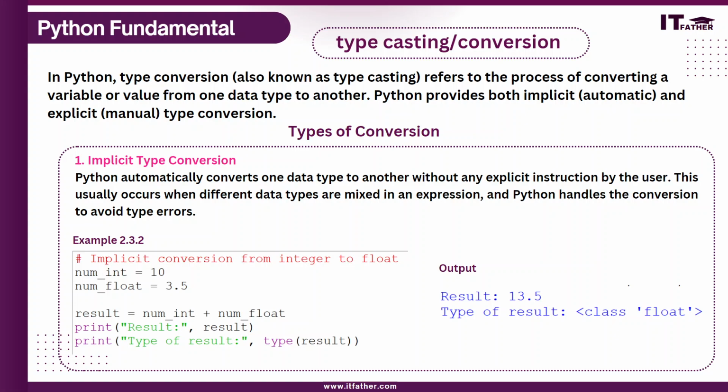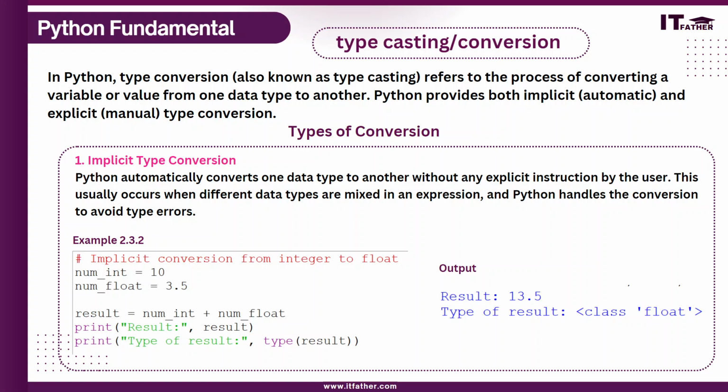Implicit means automatic. Sometimes Python does automatic conversion. For example, if you are dividing 10 by 3, it will display the output in the form of a floating point.